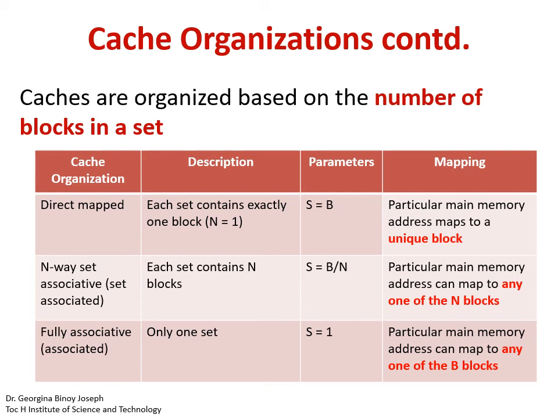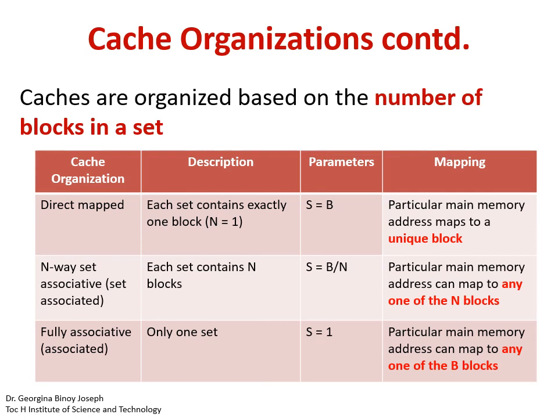Now coming to the third kind, fully associative. There is only one set. So here S is equal to 1. What does this mean? Since there is only one set, any main memory address can map to the single set.